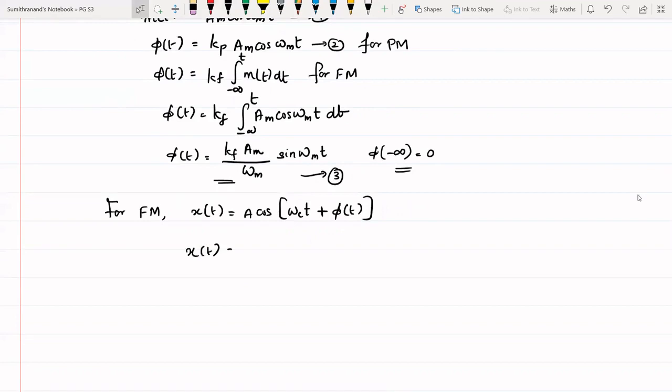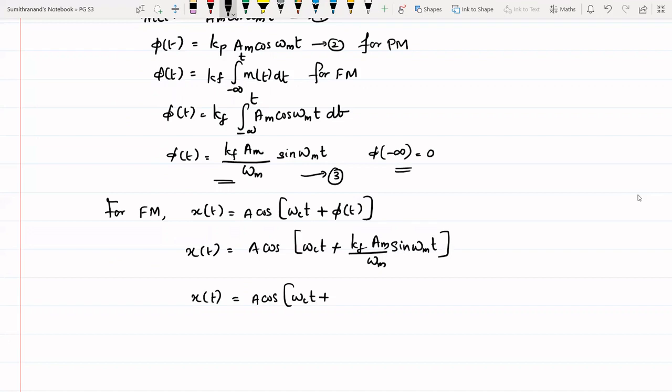So x of t is equal to A cos of omega c t plus kf into Am by omega m into sin omega m t, or x of t is equal to A cos of omega c t plus beta sin omega m t, where beta is equal to kf into Am by omega m and is known as the modulation index.